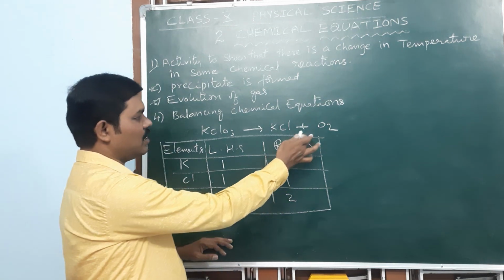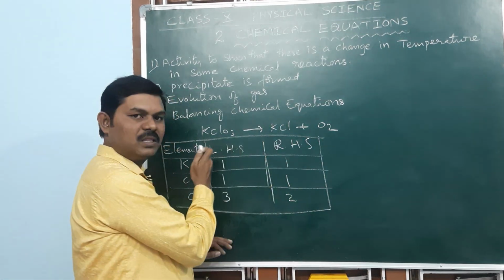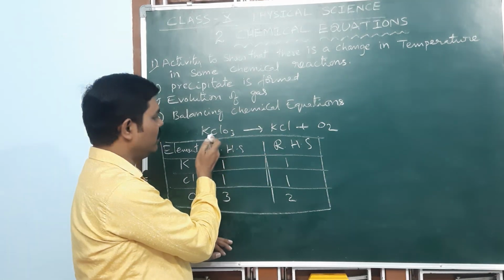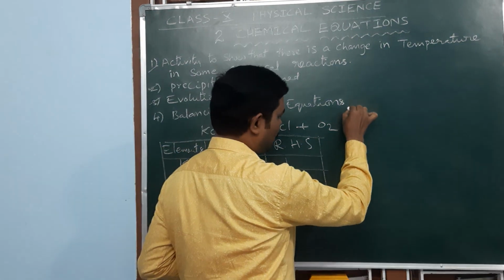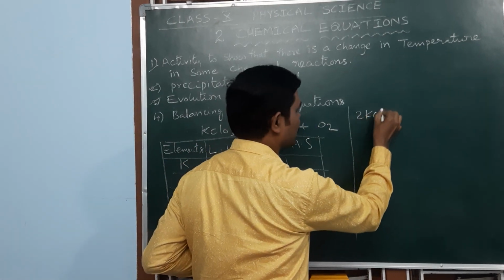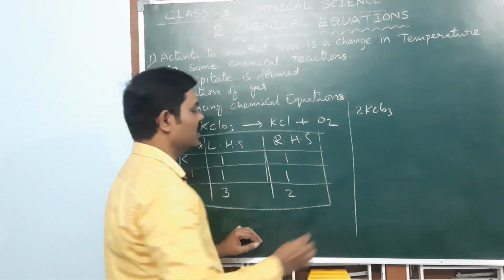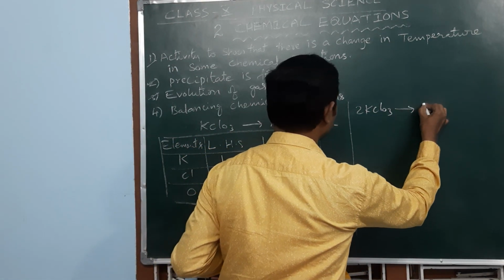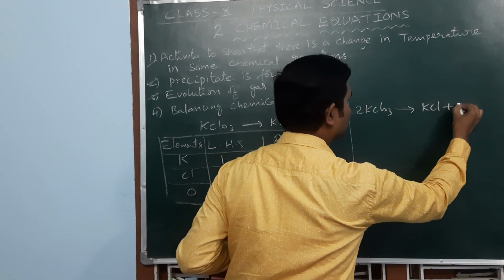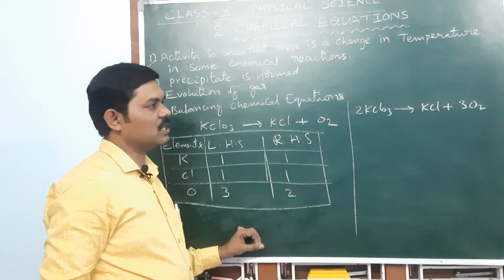So first we will balance the oxygen atoms in the reactants and products. We have to take 2 as a coefficient for the reactant side, as 2KClO3. By that, 6 oxygen atoms are there. On the product side, KCl plus 3O2, we have to take 3 as a coefficient for the oxygen.